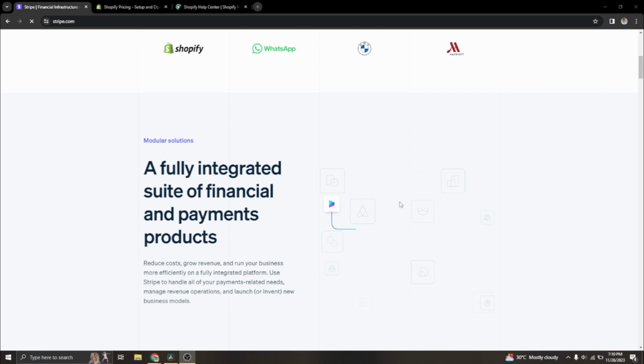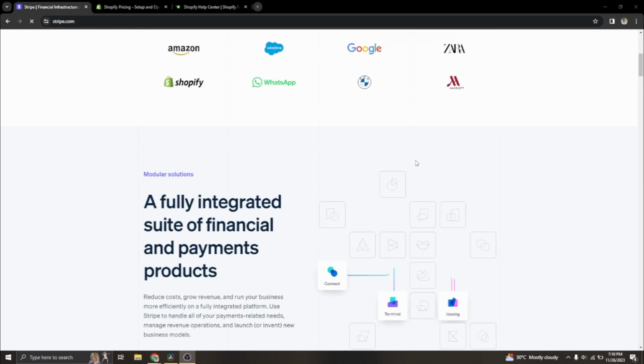If you use Shopify Payments, it is only available on Shopify itself. Since we are talking about payments here, Stripe is still the obvious answer for the best payment method. So yeah, and that's it.